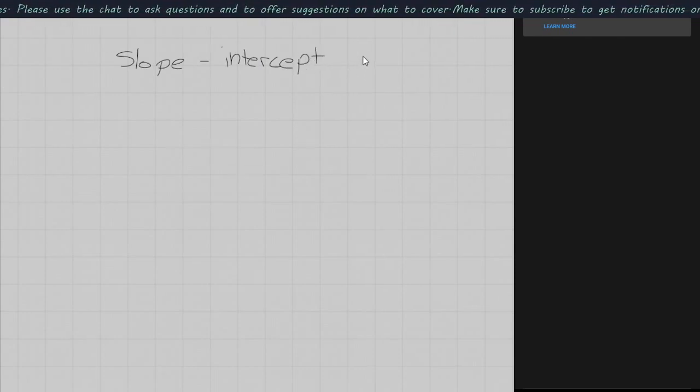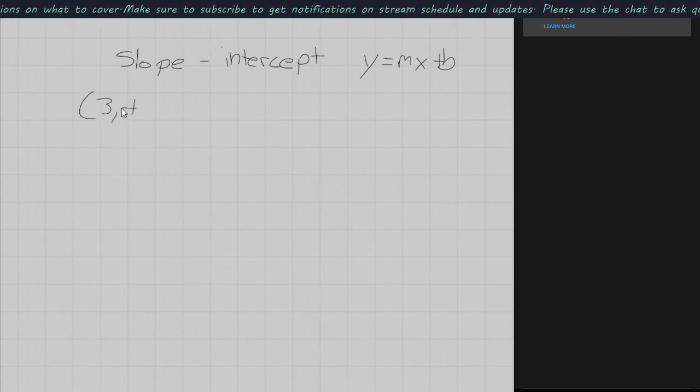So slope-intercept again is y equals mx plus b, right? So you're going to be given 2 points. This time you're not going to be given the y-intercept, so our 2 points are 3, 4, and what else? Other point?